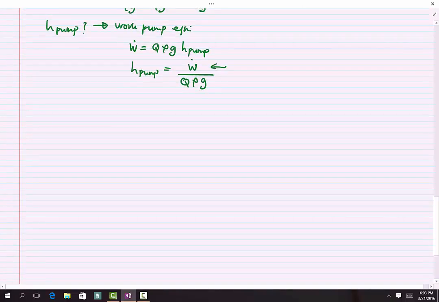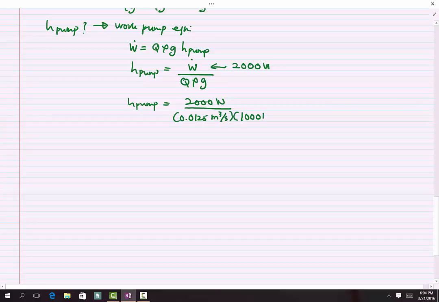We already know the value for the work pump, which is 2000 watt. So H pump equals 2000 watt divided by 0.0125 meter cube per second times 1000 kilogram per meter cube times gravity 9.81 meter per second square. So H pump is equal to 16.3099 meter.